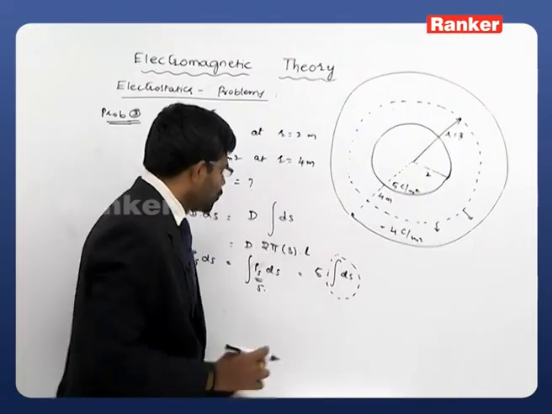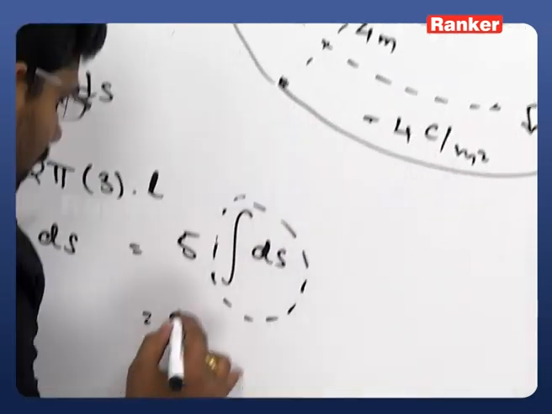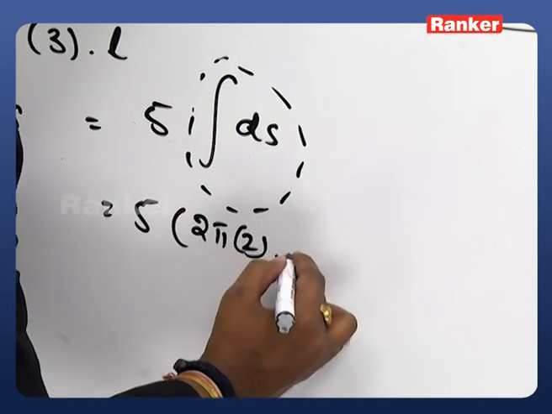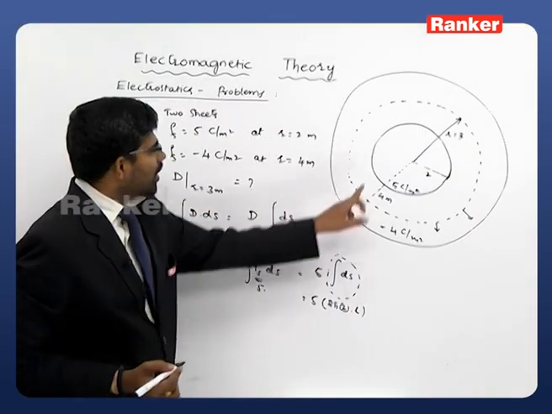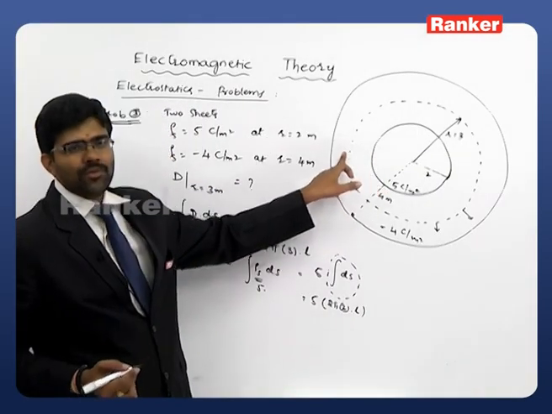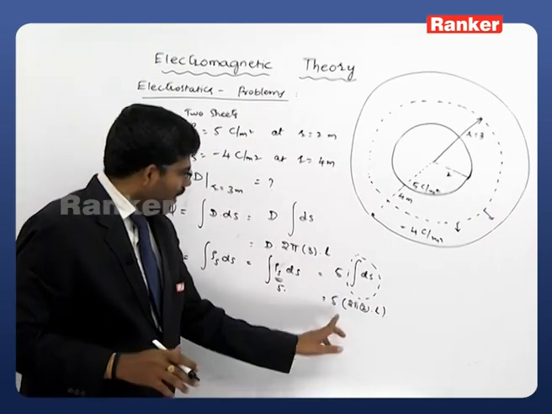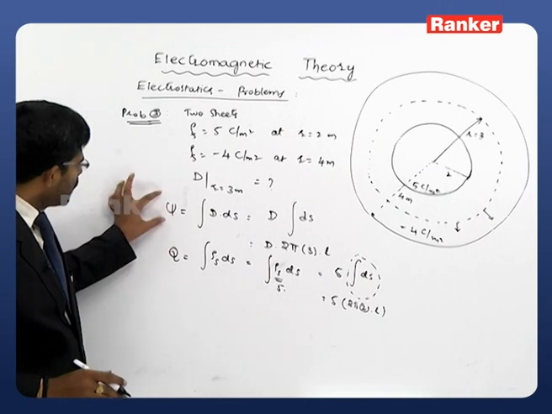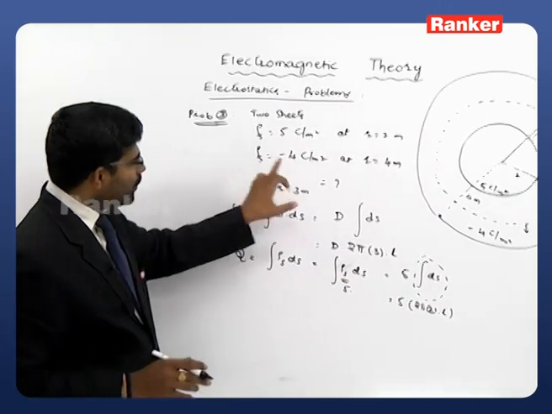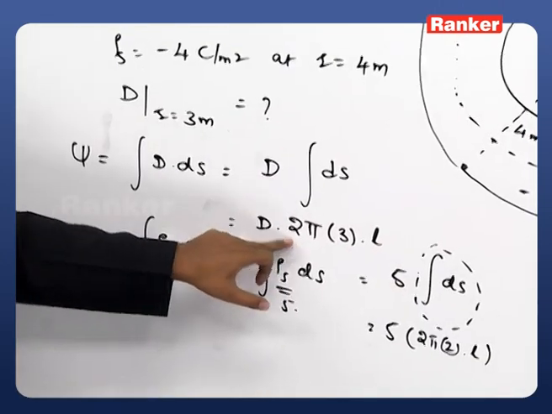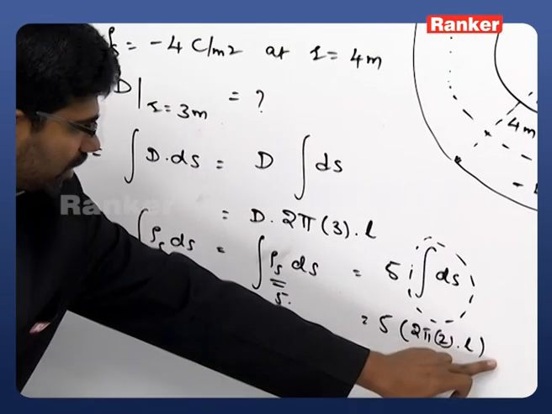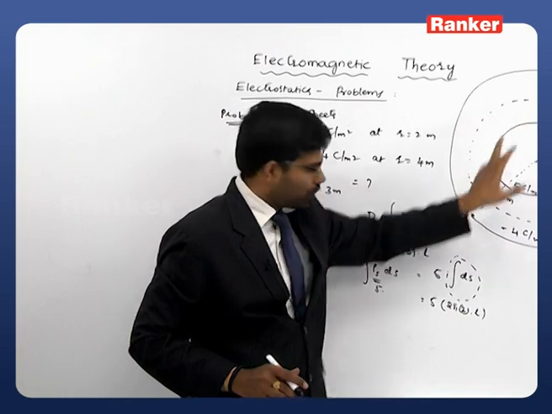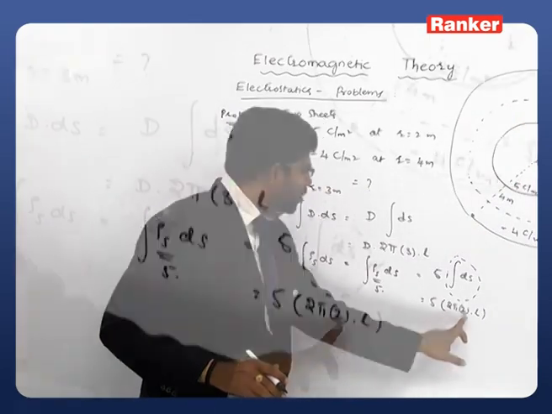Since the radius is 2, this differential surface can be written as 2 pi, radius is 2, we don't know the length of that one, we assume that the length of the inner cylinder and the Gaussian surface are both the same. That's why I will consider this one as L. So clearly observe, initially I am calculating the total flux leaving through the Gaussian surface and the total charge enclosed within the Gaussian surface. So the charge was enclosed up to this particular part only. That's why it is 5 into 2 pi into 2 into L.